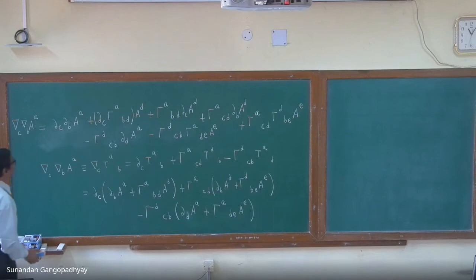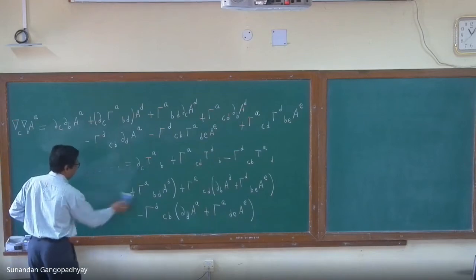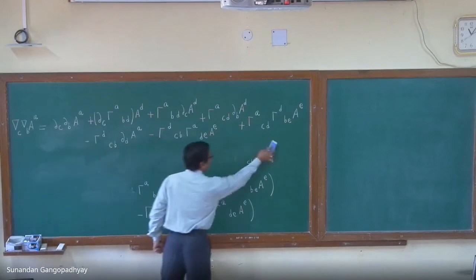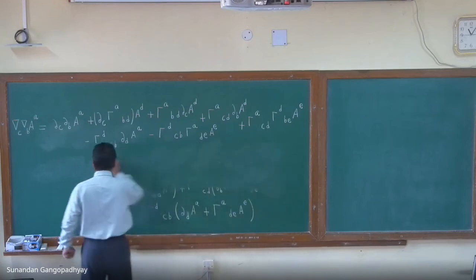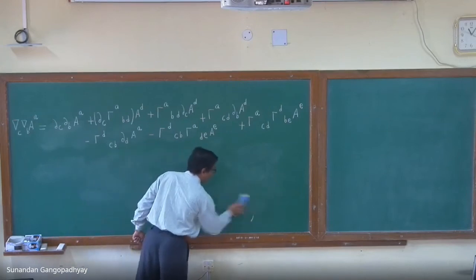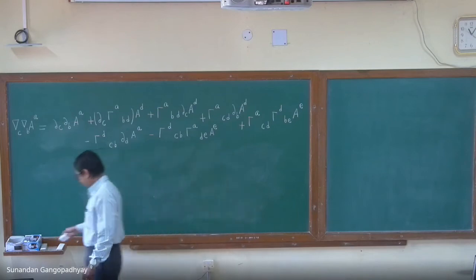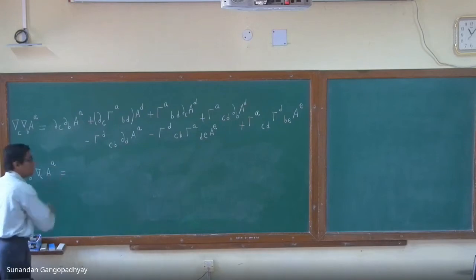And now what we need to do is we shall calculate another term. We shall now calculate grad B grad C. If you do that, you should be able to write it down yourselves.